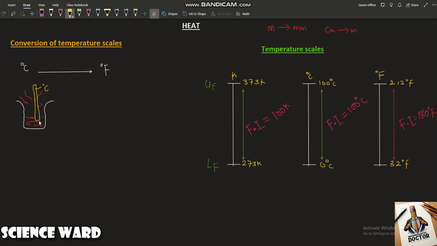Immediately I dip that into this container, the degree centigrade thermometer reads X. Say X could be anything. It reads out X in degrees Celsius.